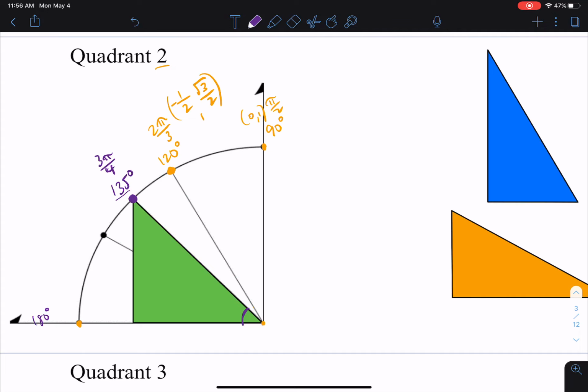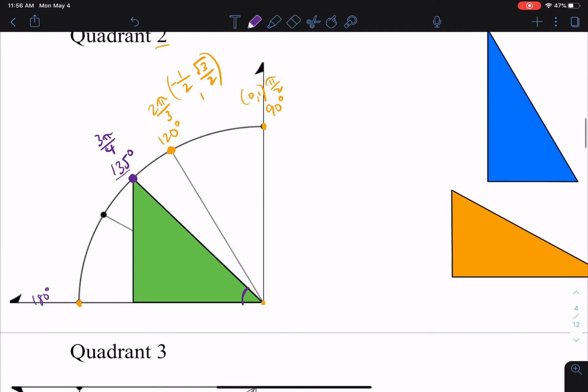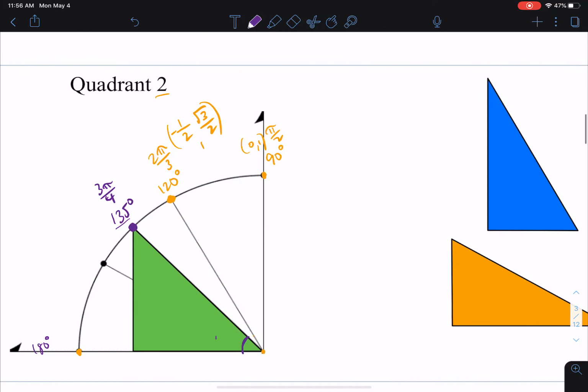Because it's right in the middle, it's going to be 45 degrees. That means this one will be 45 degrees as well, and of course, this is always 90. And again, we always know that 1 is the radius.